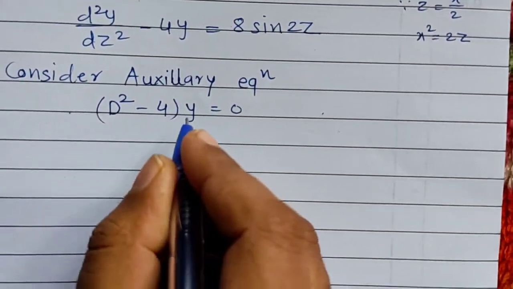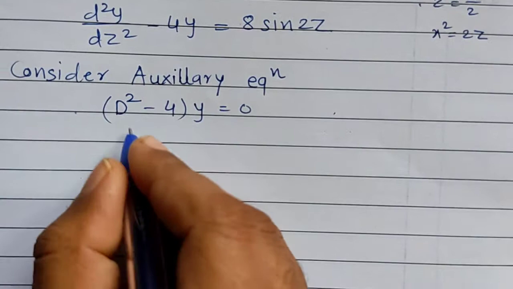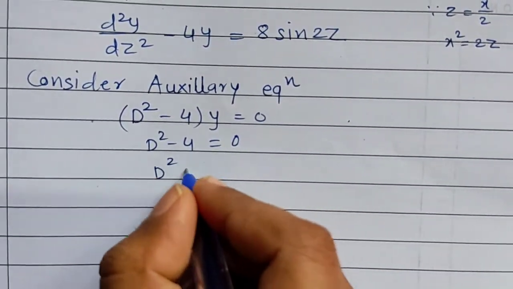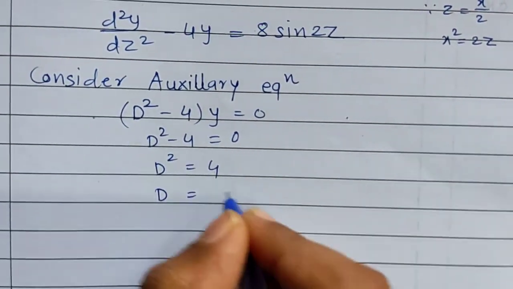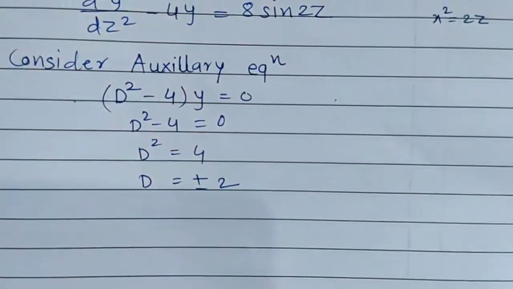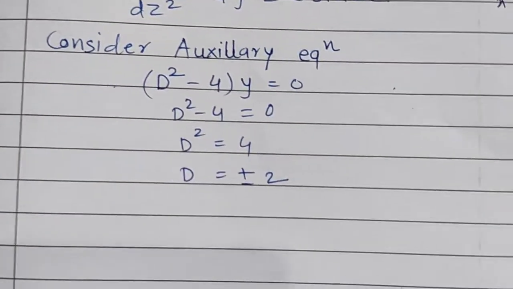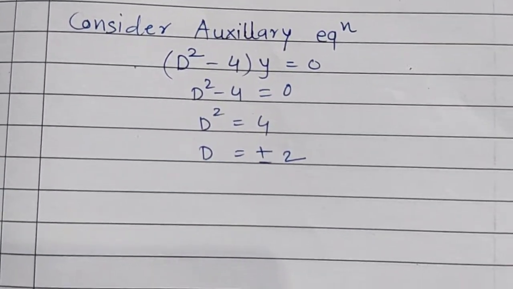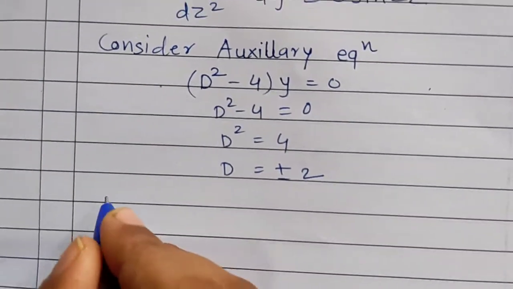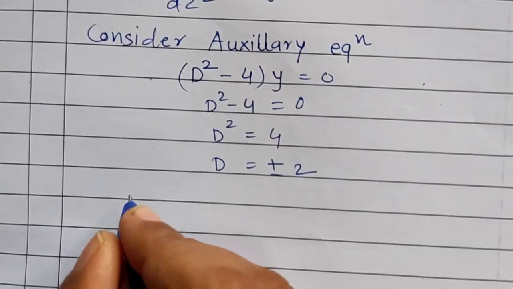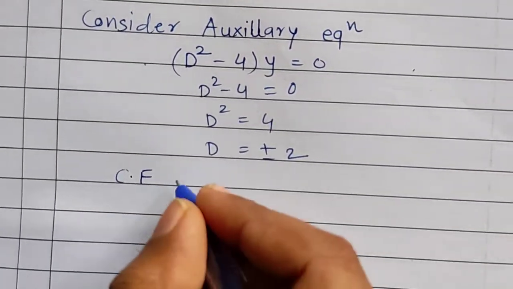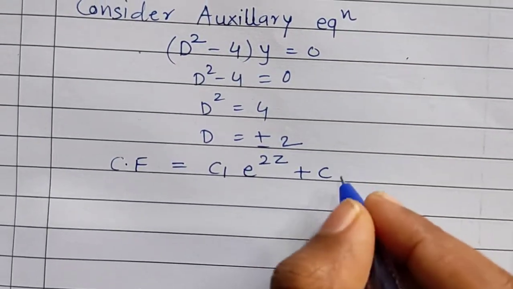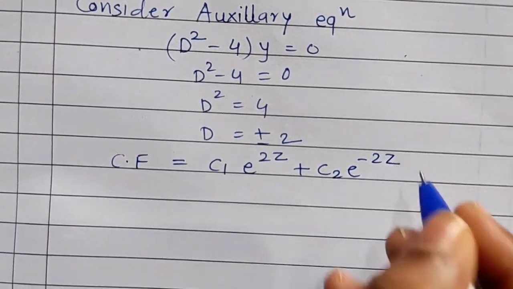In this equation y can never be 0, so d square minus 4 is equal to 0. d square is equal to 4 and d is equal to plus minus 2. The values of d are real and non-repeated, so we write the complementary function is equal to c1 e raised to 2z plus c2 e raised to minus 2z.